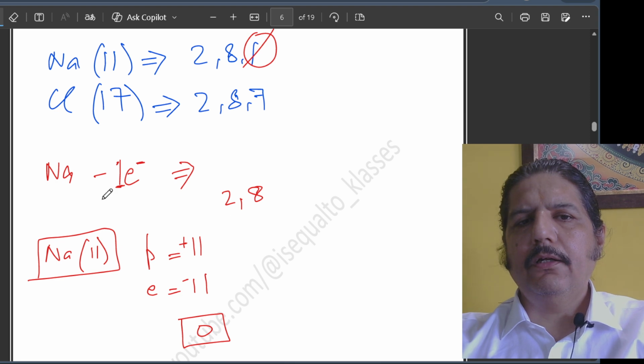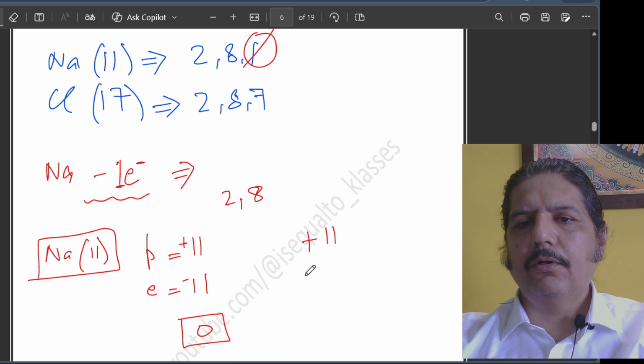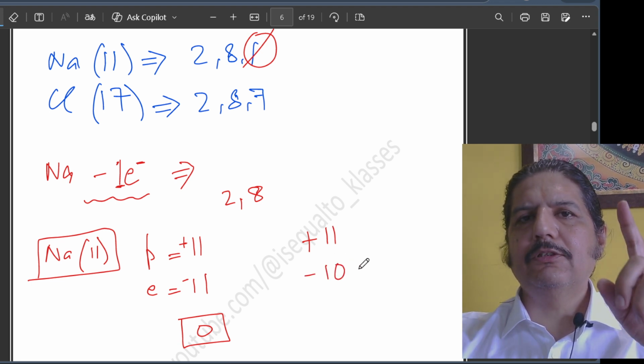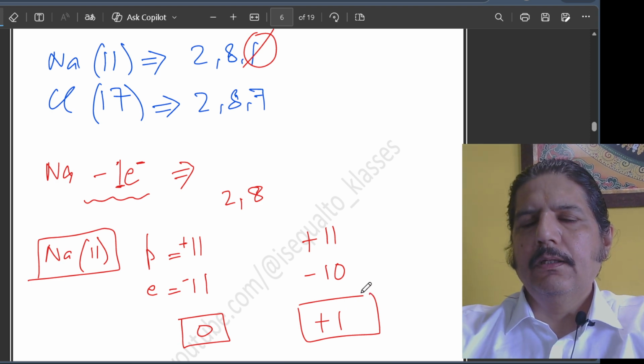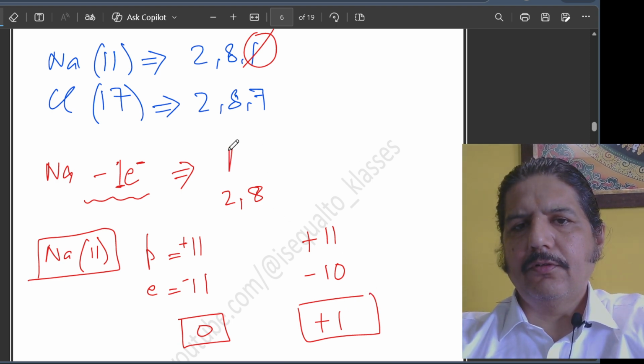But when it loses one electron, the number of protons remains the same, but the number of electrons has decreased by 1. So there will be a net positive charge on sodium. I hope this is clear. And that is how it is written as Na+1.